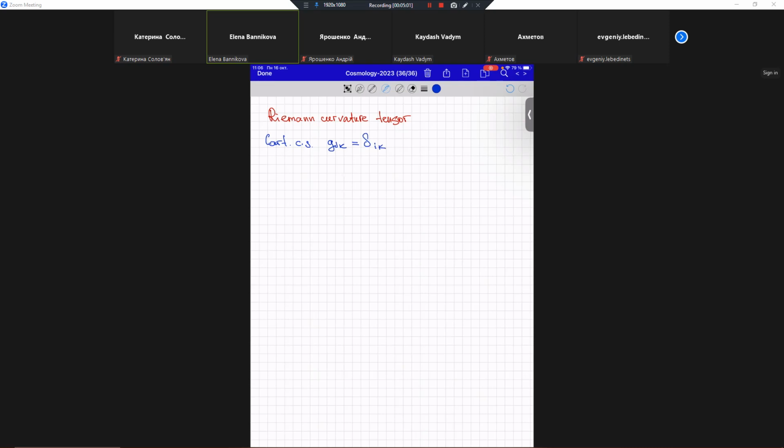So it is 1 when i equals k, and 0 when i doesn't equal k. And in this case, all Christoffel symbols equal 0. Just to remind you and to give an idea of how we can find the Riemann curvature tensor, and to write what I said before in your notes.